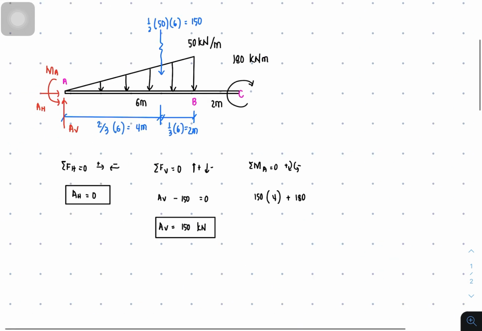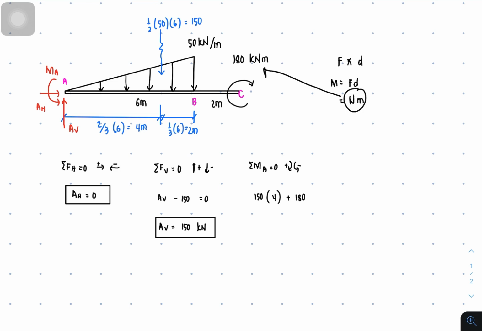No moment arm because it's already in moment units, right? A moment, remember, is force times distance, so the unit is newton meter. Since the moment is given, there's no need to write any moment arm.